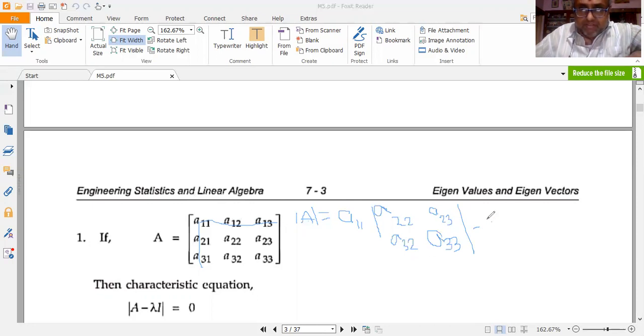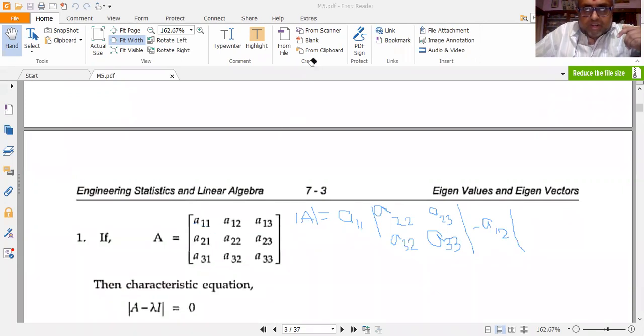So minus A12. A12 corresponds to the first row and the second column element, right?